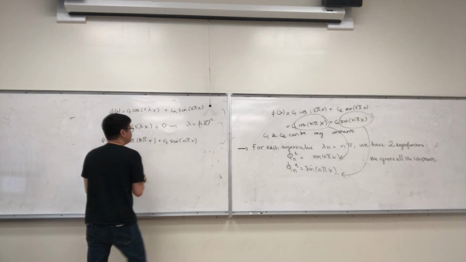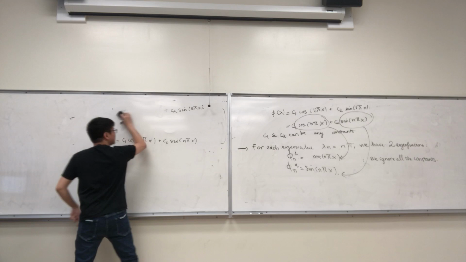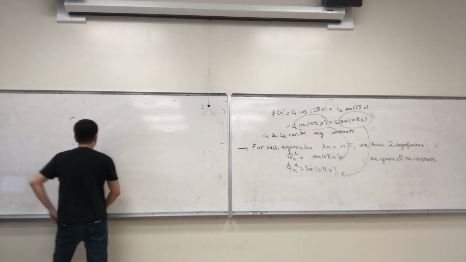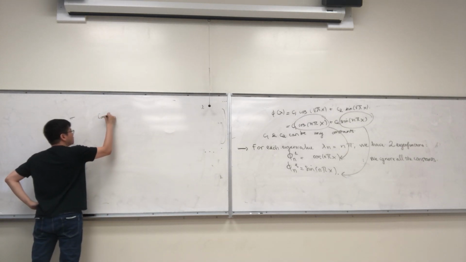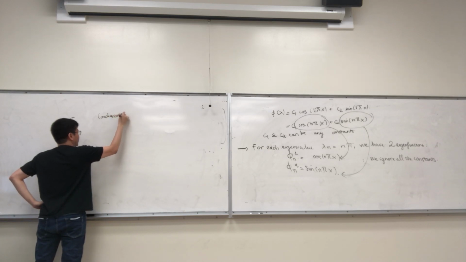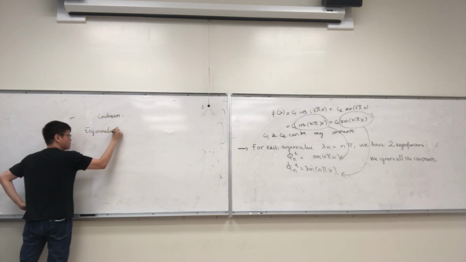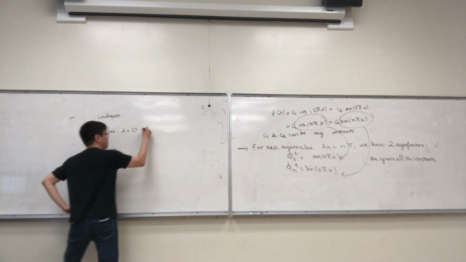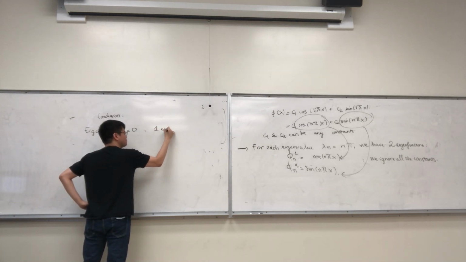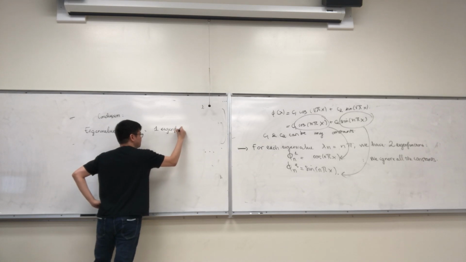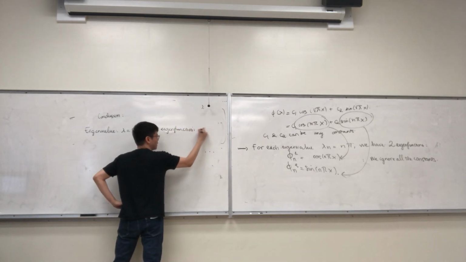So conclusion. When the eigenvalue lambda is 0, you have one eigenfunction, which is 1.